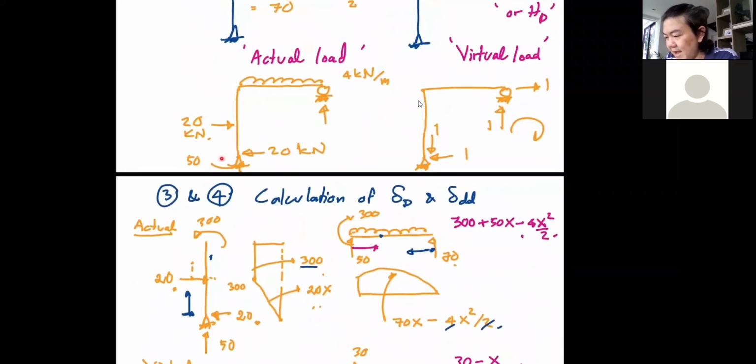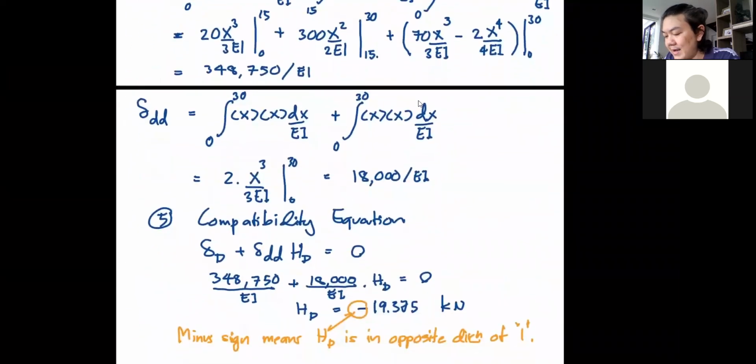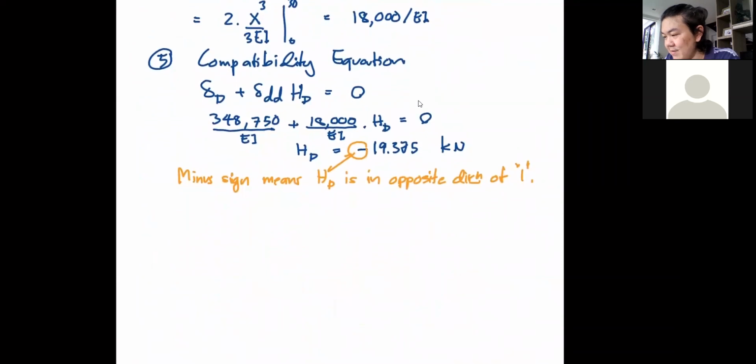This is the case of the actual load. This is the case of the virtual load. Now you know your reaction is 19.375. So when you calculate the reaction of the entire structure again, you don't have to go back and apply 19.375 there, because now you have this. You have the reaction of this load case, right?